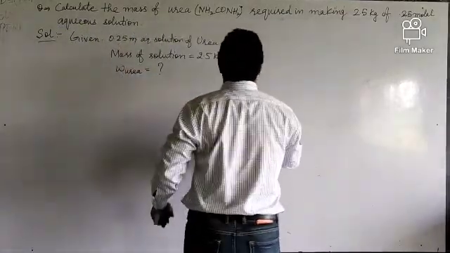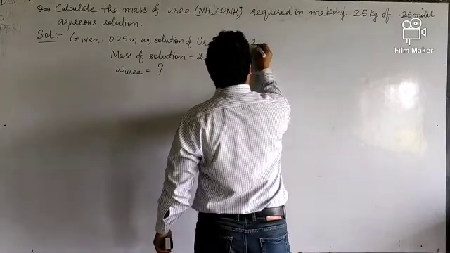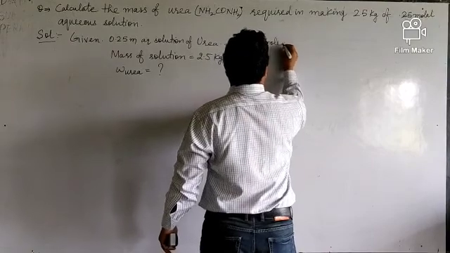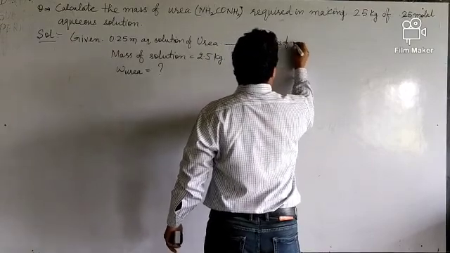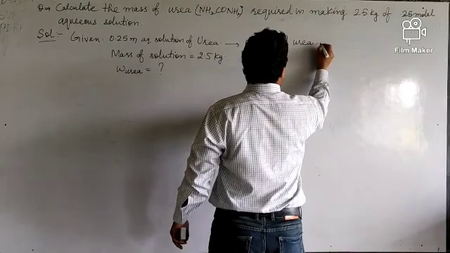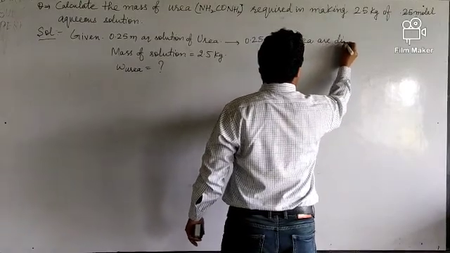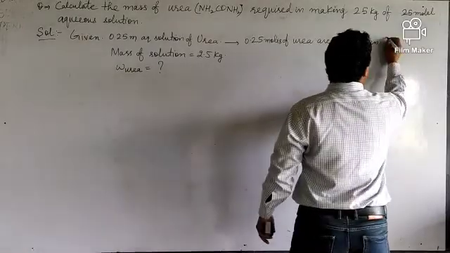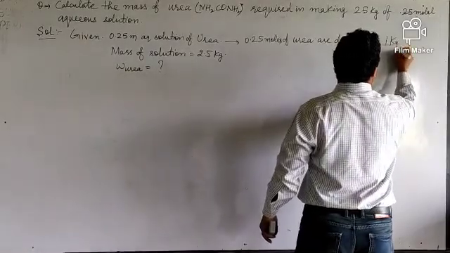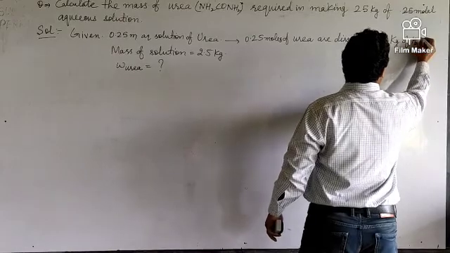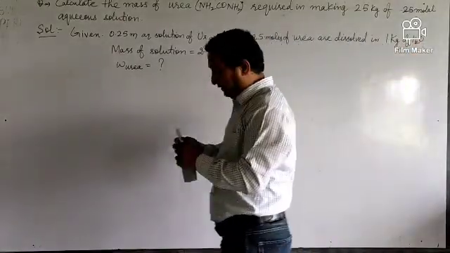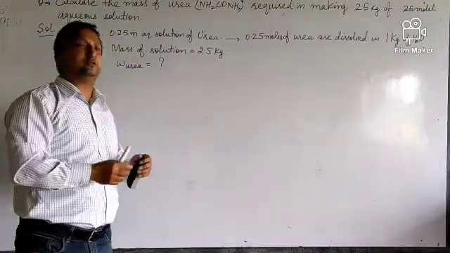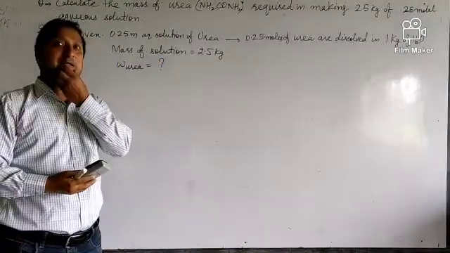It means that 0.25 moles of urea are dissolved in 1 kilogram of water, that is solvent, because the definition of molality is number of moles of the solute dissolved per kilogram of the solvent.